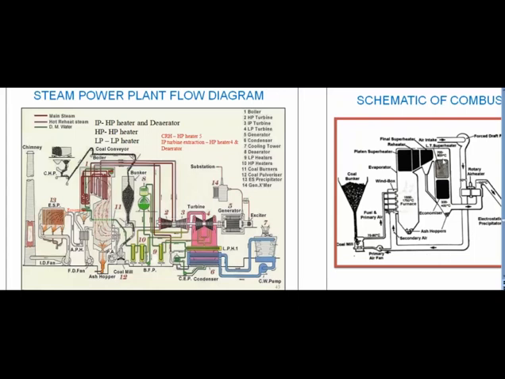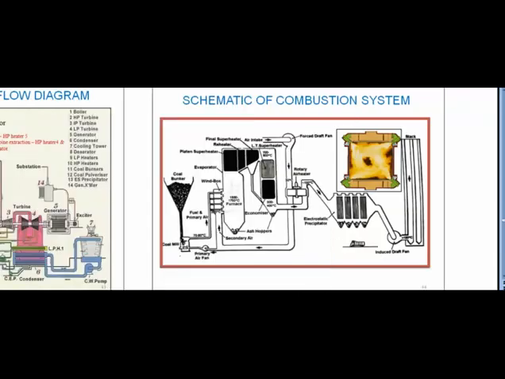It passes through LTSH, that is low temperature superheater, then it passes through economizer, and finally this flue gas through air preheater, it goes through electrostatic precipitator, where the fine particles which are in form of fly ash is taken away and the clean flue gas being sucked by ID fan and it is thrown into atmosphere through this chimney.